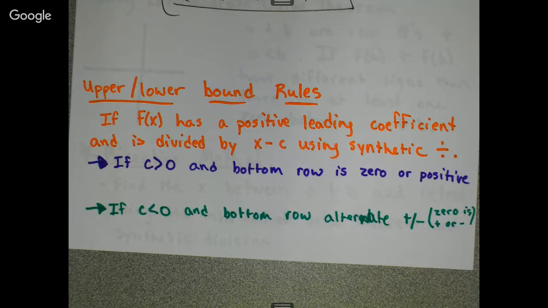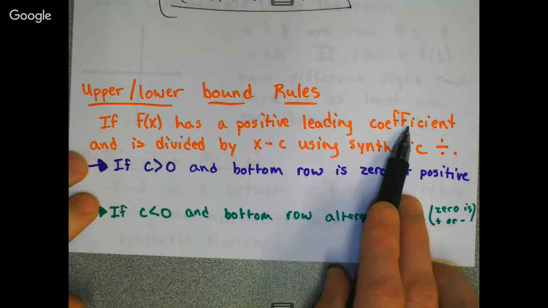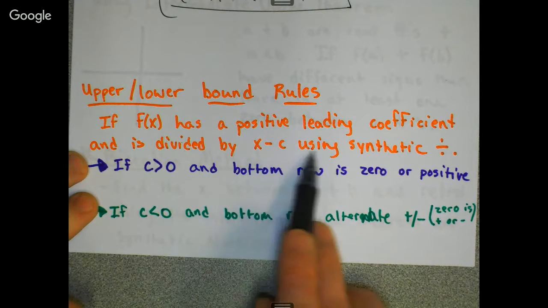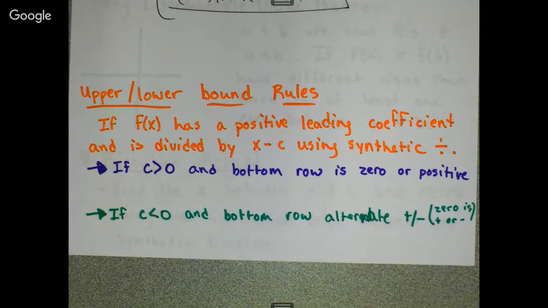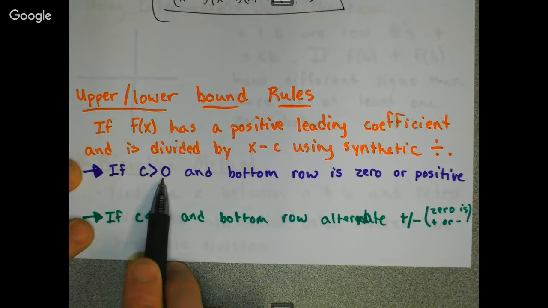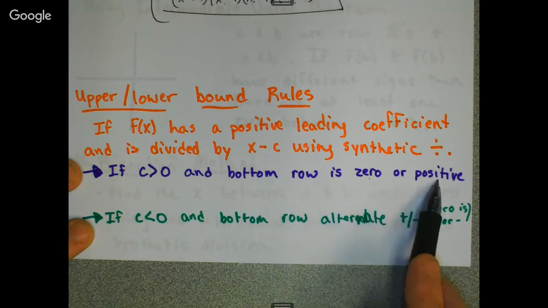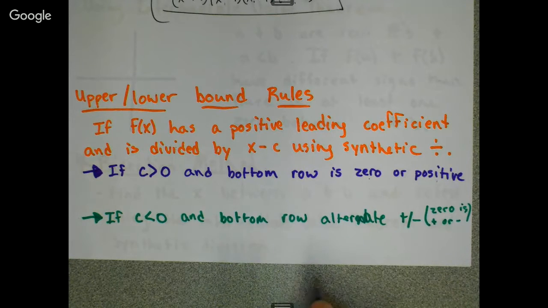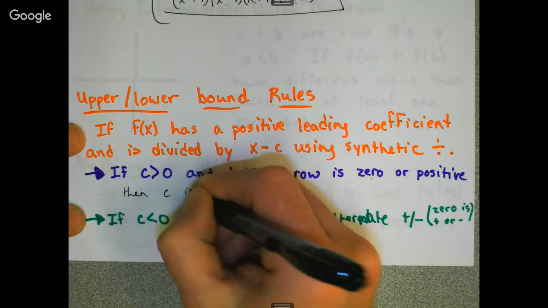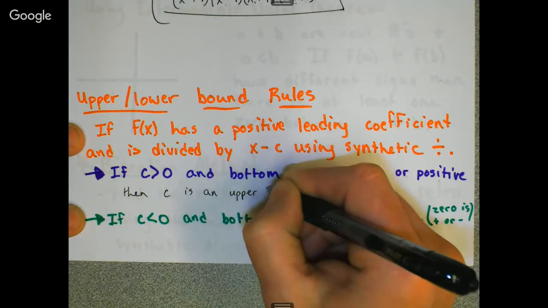Okay, so if f of x has a positive leading coefficient and is divided by x minus c using synthetic division, so I bring c out front, if c is bigger than 0 and the bottom row is 0 or positive numbers, then c is an upper bound.